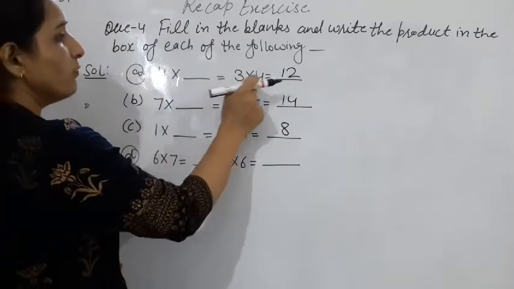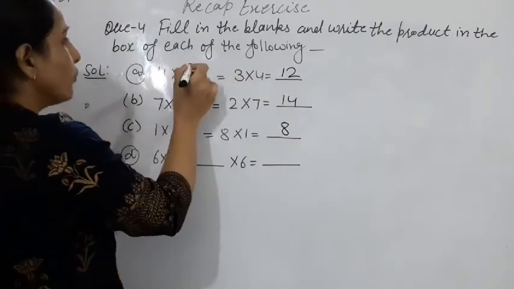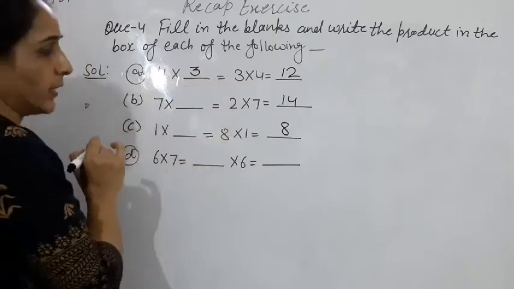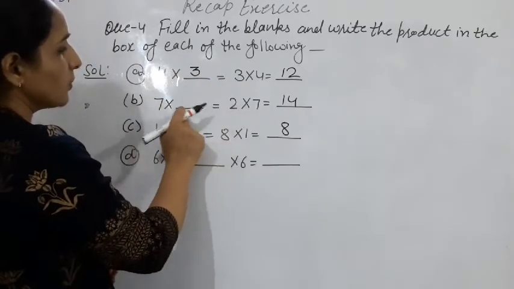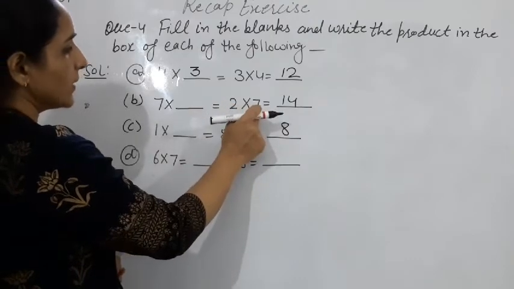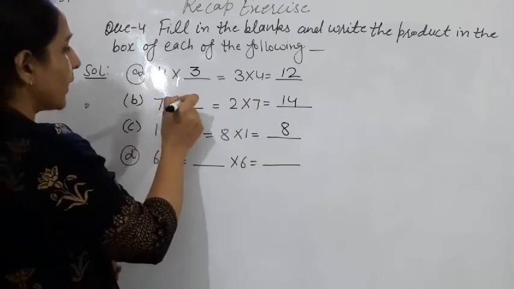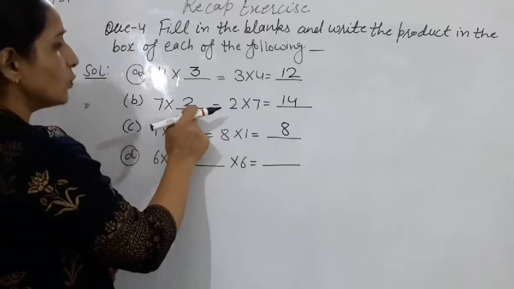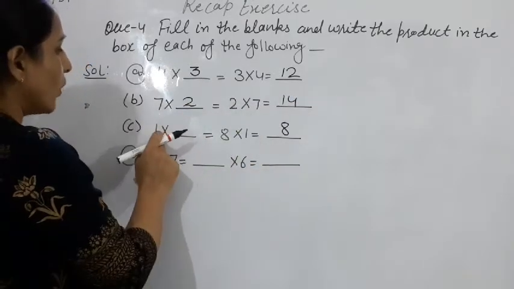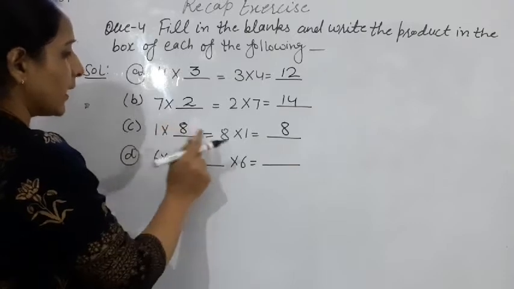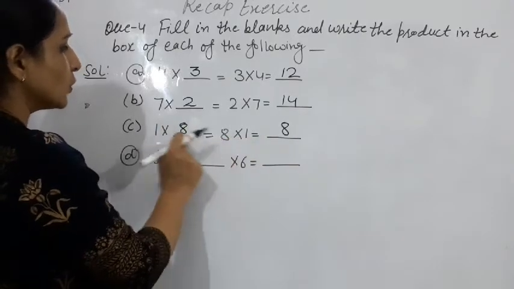Now 3 4s are 12 and 4 3s are 12. 7 multiplied by which number? Then 2 multiplied by 7. So 7 multiplied by 2. 7 2s are 14, 2 7s are 14. Now 1 multiplied by 8 and 8 multiplied by 1, both are equal.